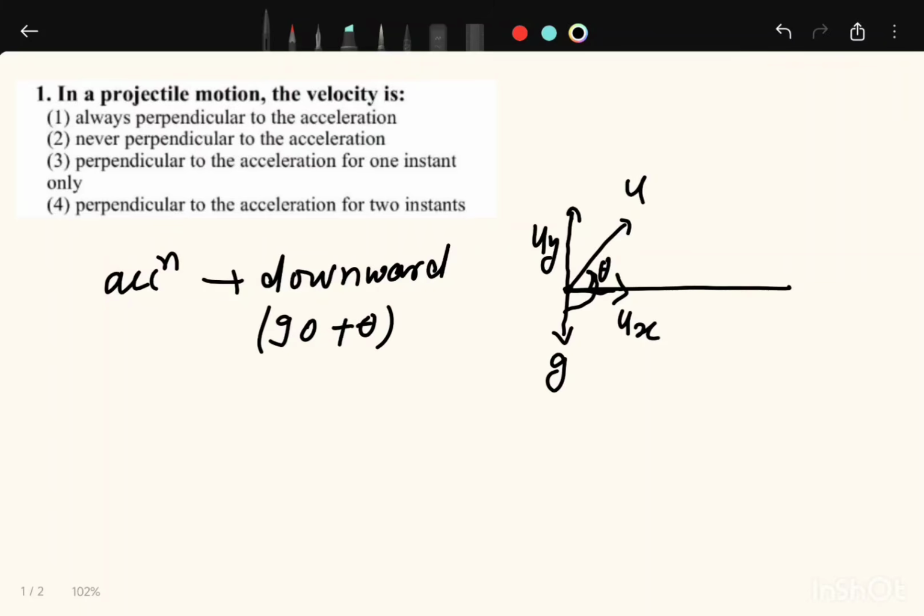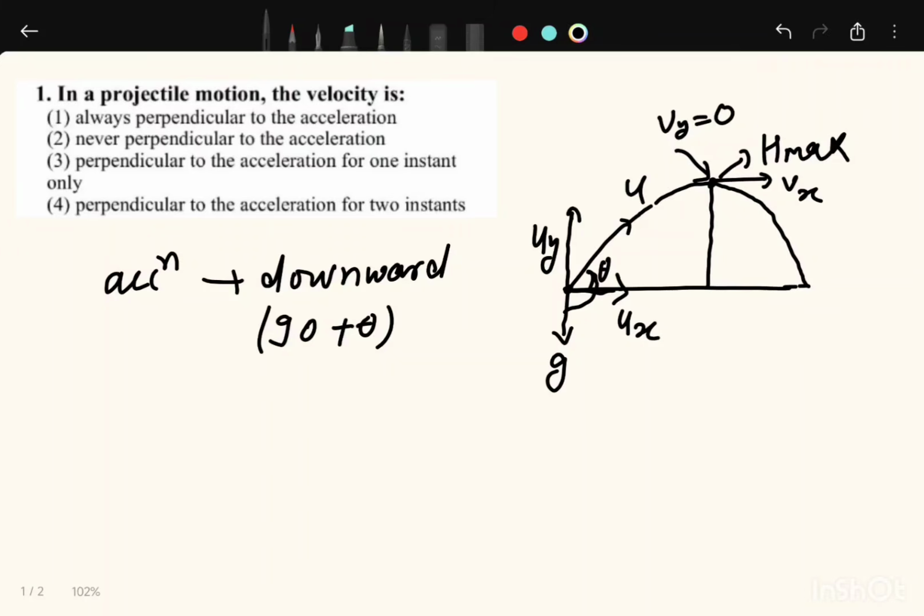But when your particle reaches the highest point in the y direction, which means H max, at H max our vertical velocity vy becomes 0 and the velocity only remains in the x direction. The velocity component in the x direction will remain there, and the component in the y direction will be 0.